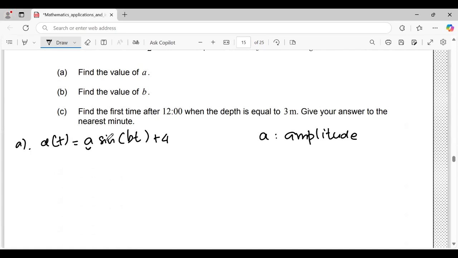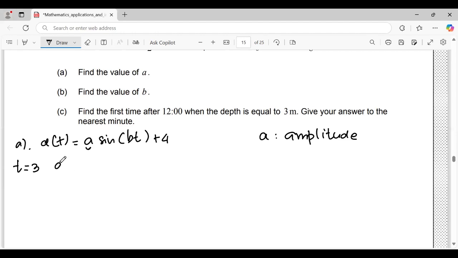Okay, so the maximum level of water occurs when t equals 3 after 12 p.m., at 15. So it means 3 hours after 12.